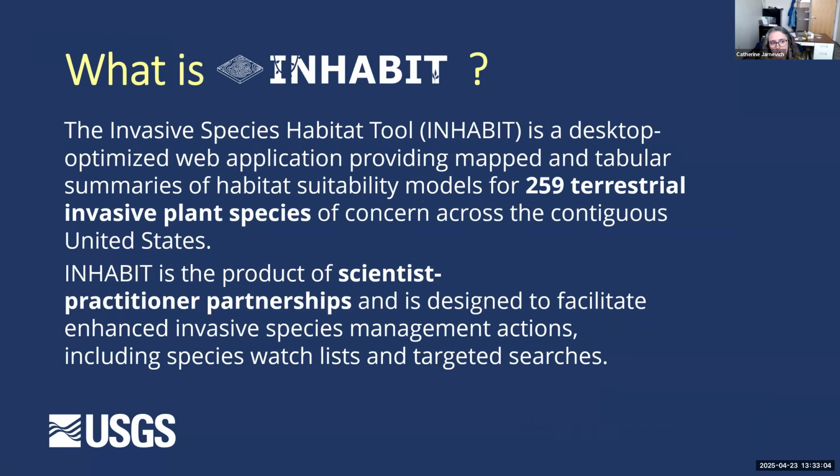And these species are modeled across the contiguous United States. The web tool is the product of a scientist-practitioner partnership. It's been co-produced and is designed to facilitate management actions, including development of species watch lists and targeted searches for particular species.